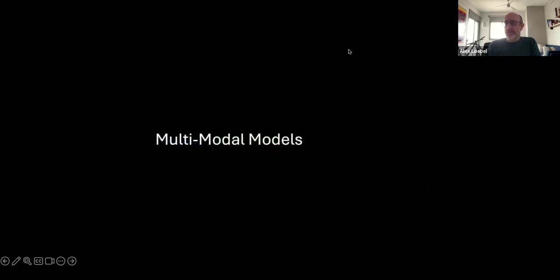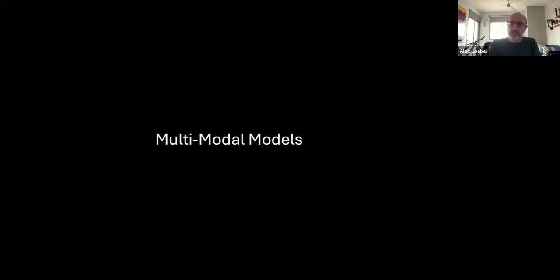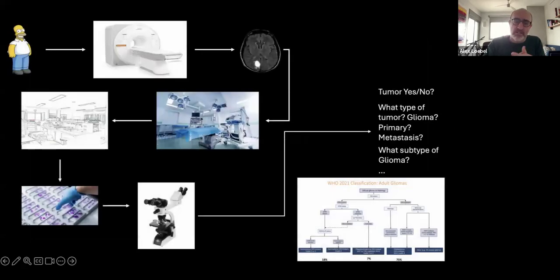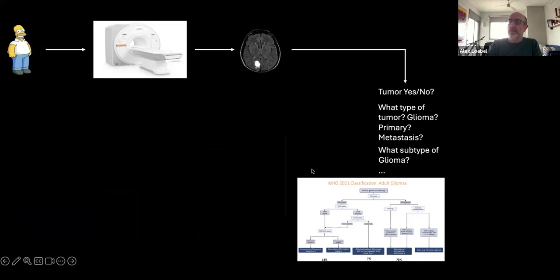So until now, I was talking mainly about unimodal models. Another thing that I wanted to mention is multimodal models. Imagine again that we are talking about the patient journey from the time they visit the clinician. Imagine that instead of having to go through the surgery and the lab and the diagnosis and all the tests, you can directly from the MRI, in this case, already make an early diagnosis of whether the tumor is benign or malignant.